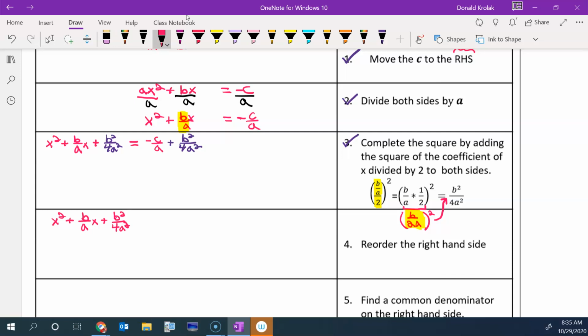Now stop me if I do a step and you don't know what I'm doing. Equals b squared over 4a squared minus c over a. So I just took the right-hand side and reordered it. Just switch the order.